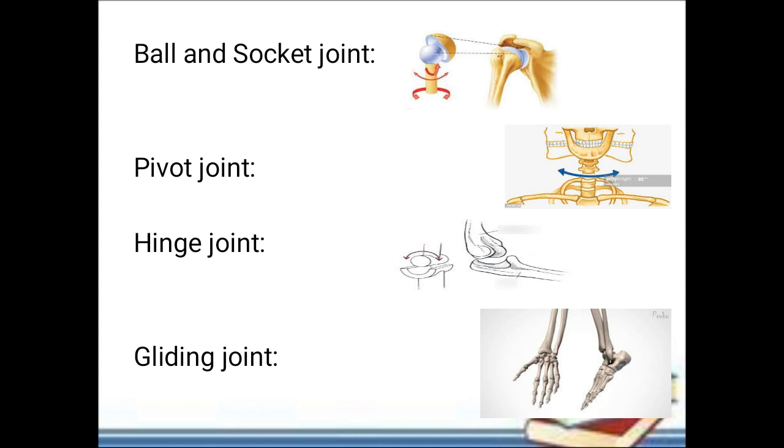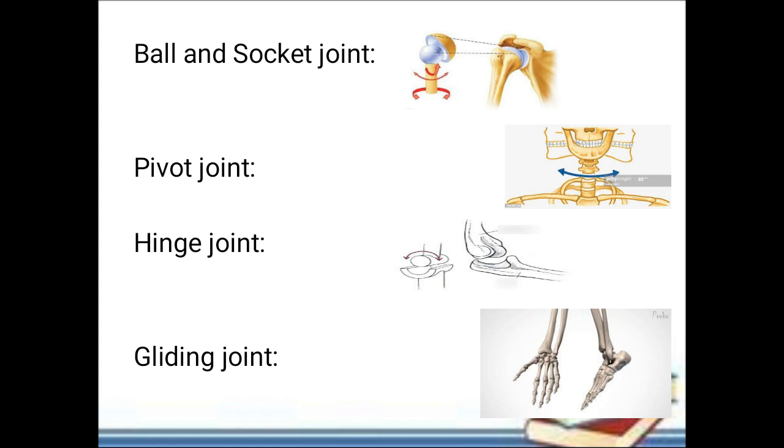And pivot joint, it is present between the first two bones of our vertebral column. It helps to twist our head in all directions. And hinge joint, it is present in the elbow and knee region of our body, which makes our hand and leg move in only one direction.